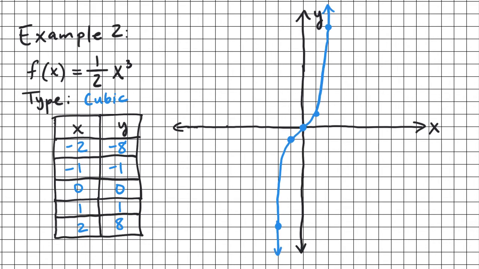Okay, and so let's see what's going on over here. There's a number being multiplied in front of the parent function, right? In front of x to the third. If that number is less than 1, then we have what's called compression.